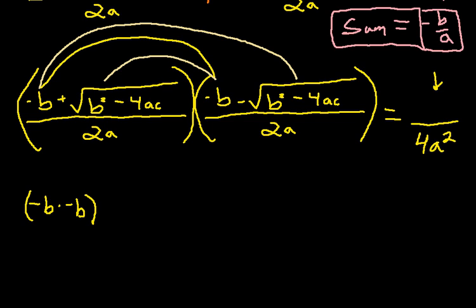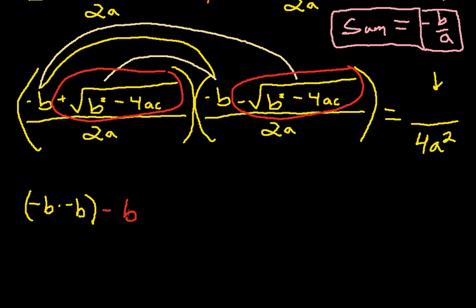And then we multiply this term times this term, which is going to be a negative, b squared minus 4ac in parentheses, and it's all over 4a squared.